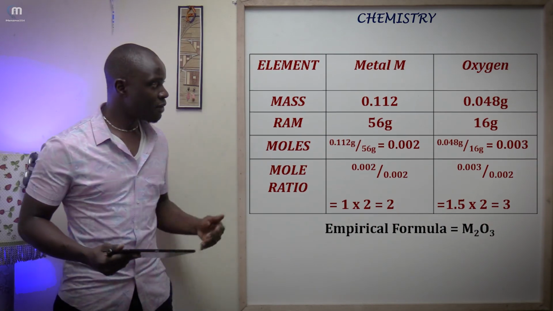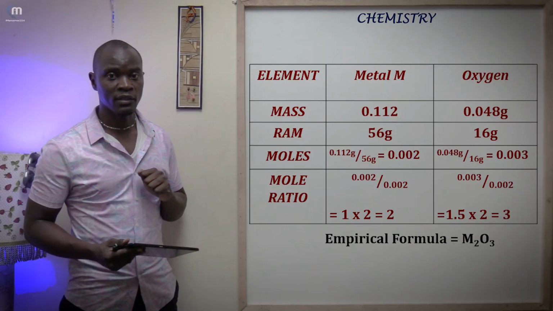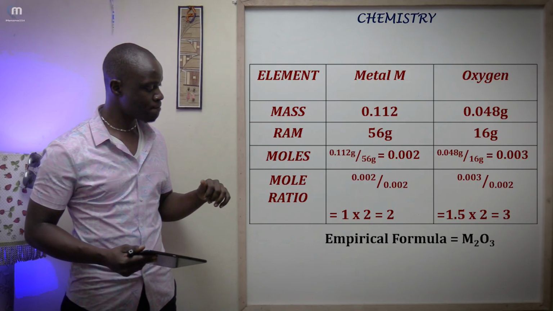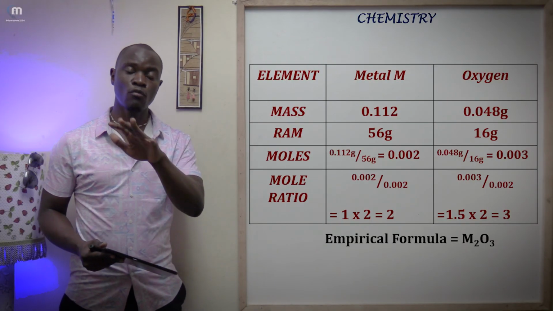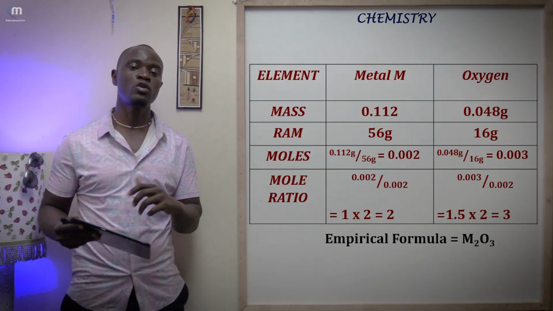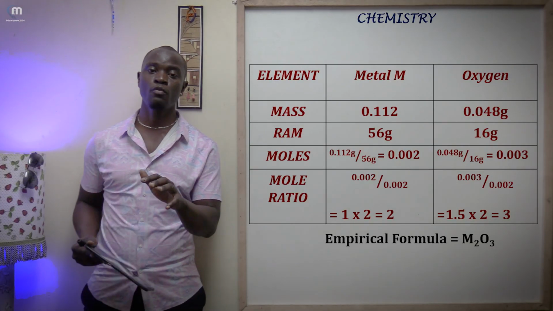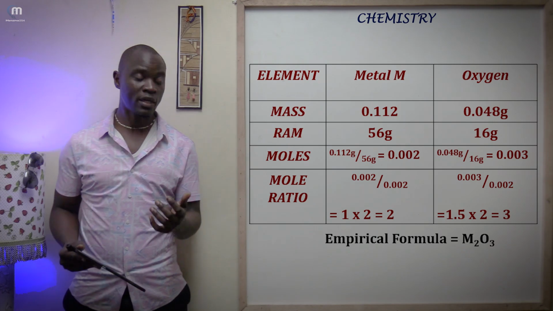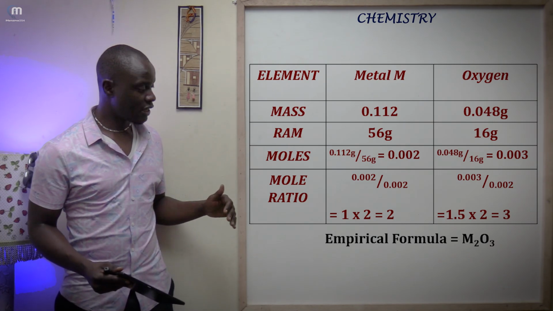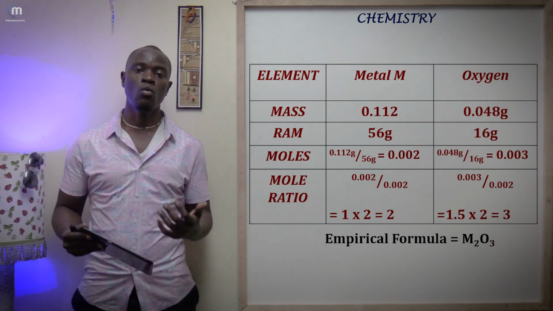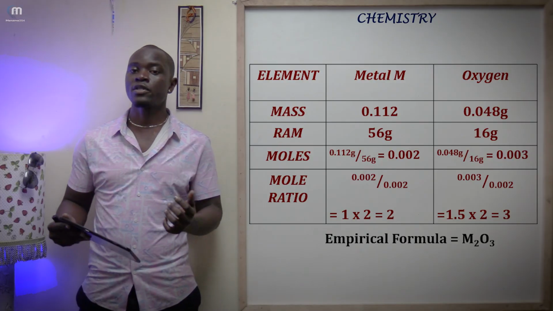You can remember this table of empirical formula. Remember the first mole ratio that we found before multiplying by 2. The first mole ratio had a decimal: we had 1, and on the other side we had 1.5. So that was a decimal.